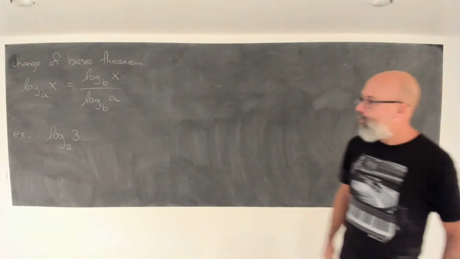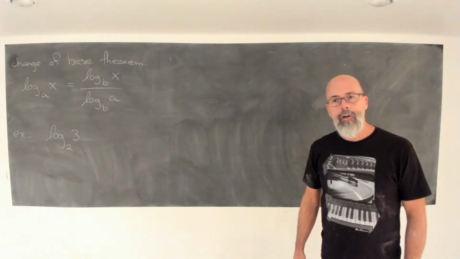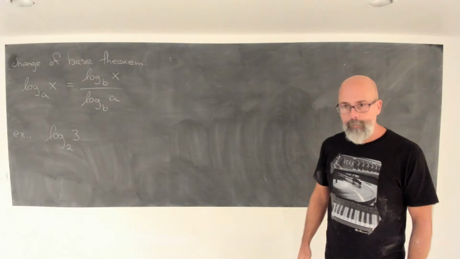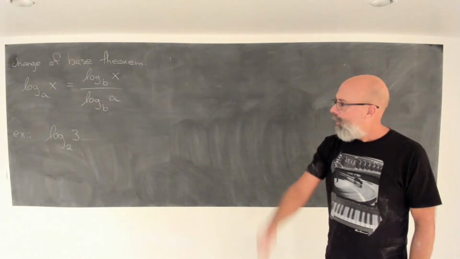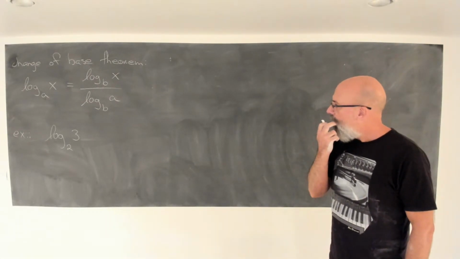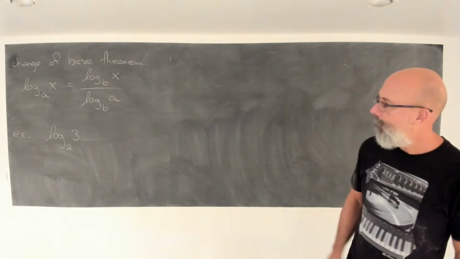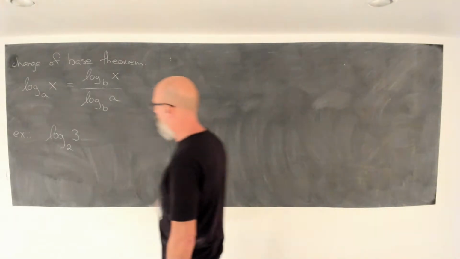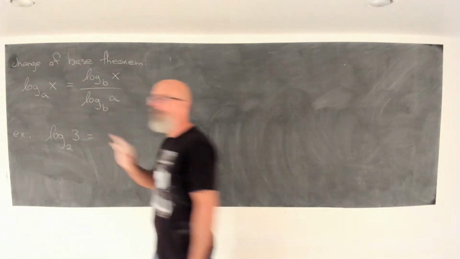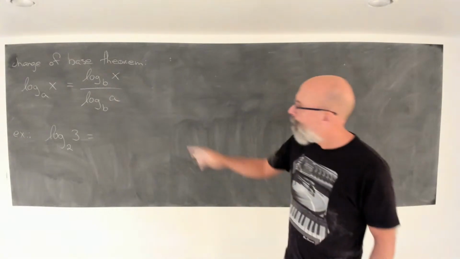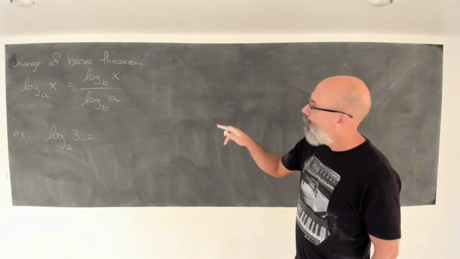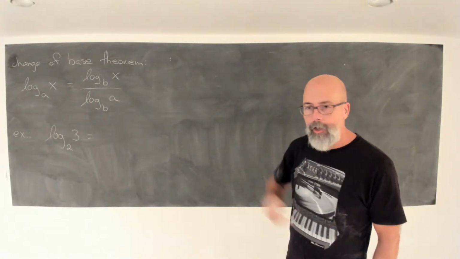There's no way for you to evaluate that directly on a calculator or a computer, or I don't know about Wolfram Alpha, but probably not. Well, who knows? I don't want to venture. I haven't tried. But on a calculator, what are you going to do?